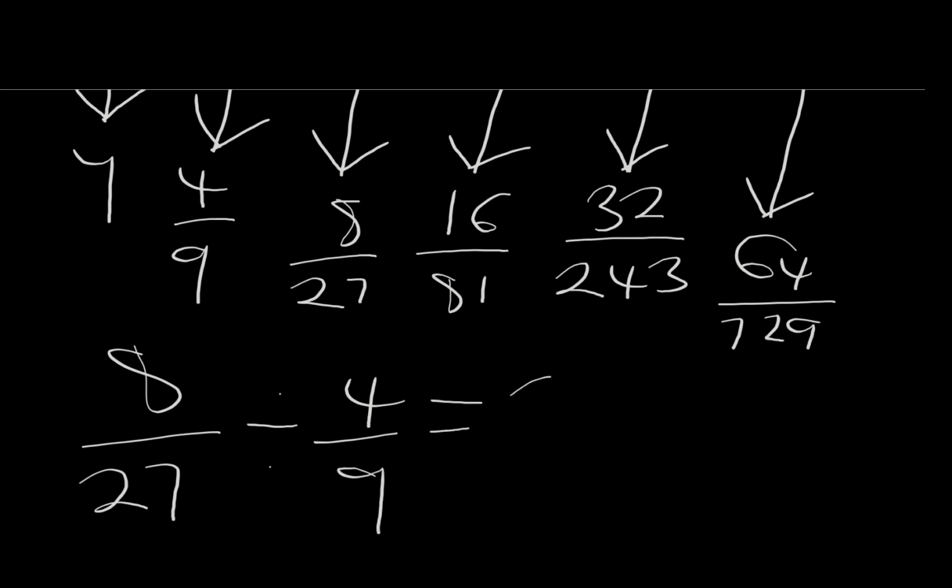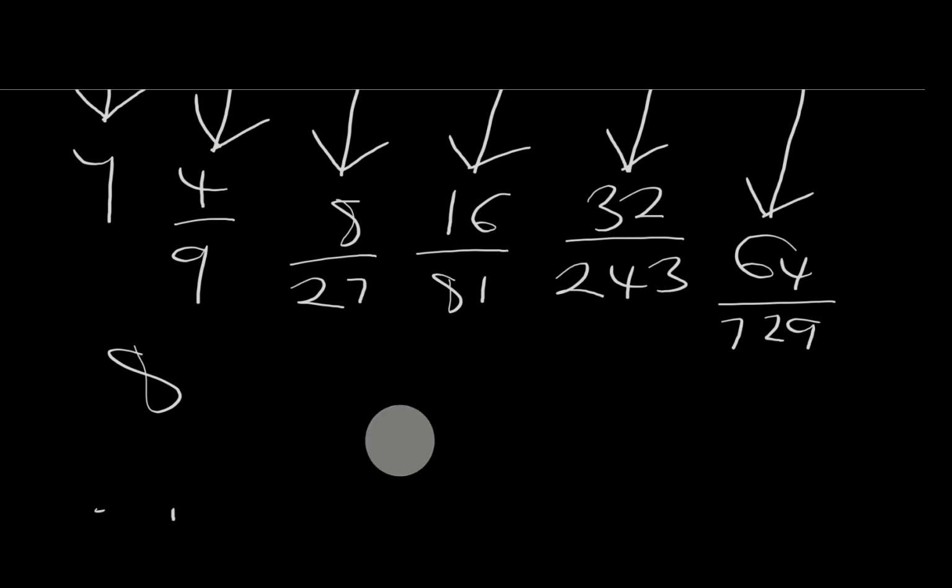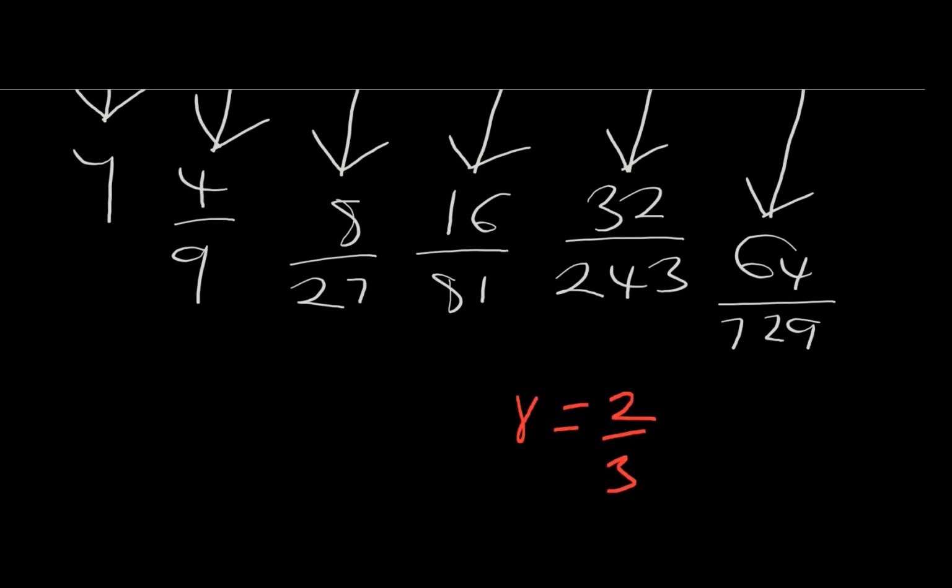And clearly, I will have 2/3. So as you can see, we have a common ratio of 2/3. Now, let's proceed with the work. So my r is equal to 2/3.